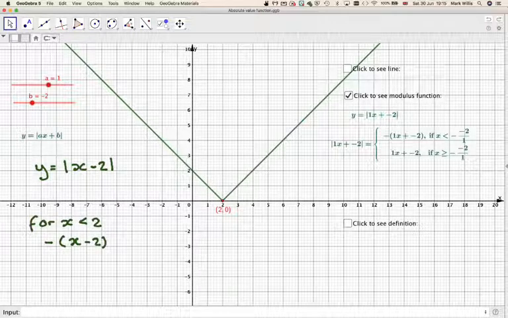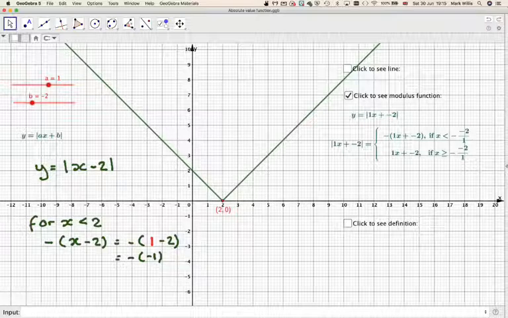So let's take a particular x value, let's take 1, for example. At 1, this will become equal to minus 1 minus 2. So 1 minus 2 is minus 1, and minus of minus 1 gives me 1. And you can see that you get the y value there, which is 1.